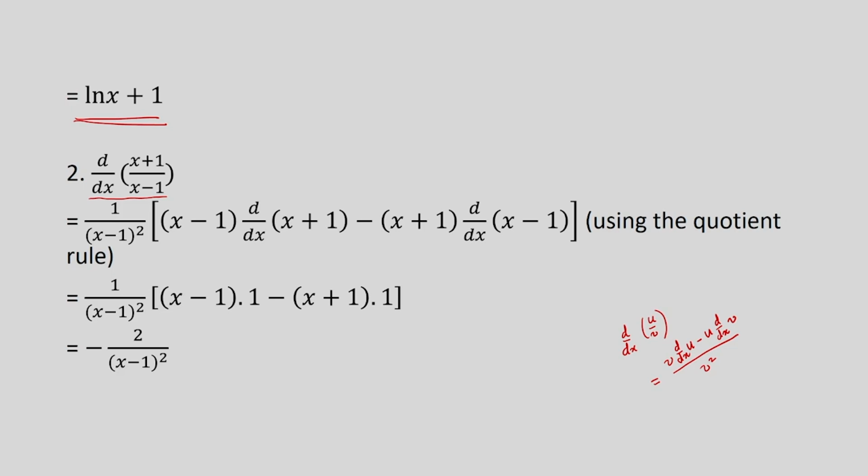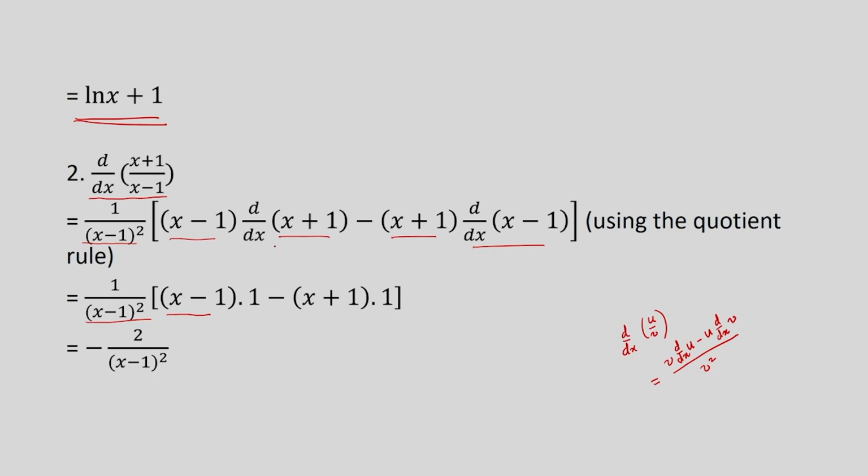That is what we are applying here. In this case, v is x minus 1 and u is x plus 1. V is the denominator, so denominator square multiplied by d dx of the numerator, the numerator being x plus 1, minus the numerator x plus 1 multiplied by the derivative of the denominator, d dx of x minus 1. In the next stage, it becomes 1 divided by x minus 1 whole square multiplied by x minus 1 multiplied by d dx of x plus 1.